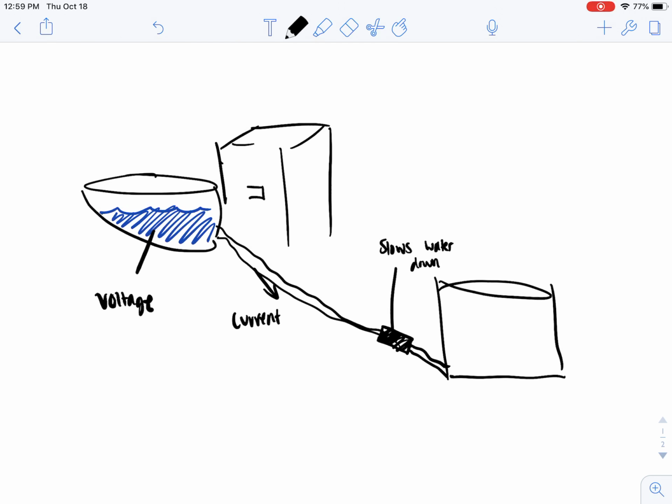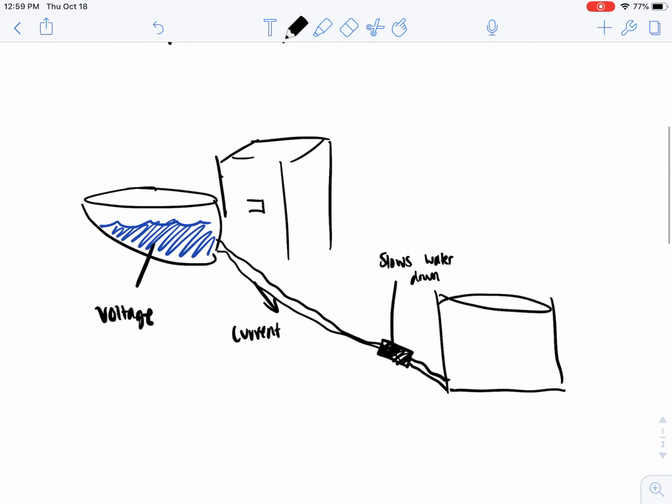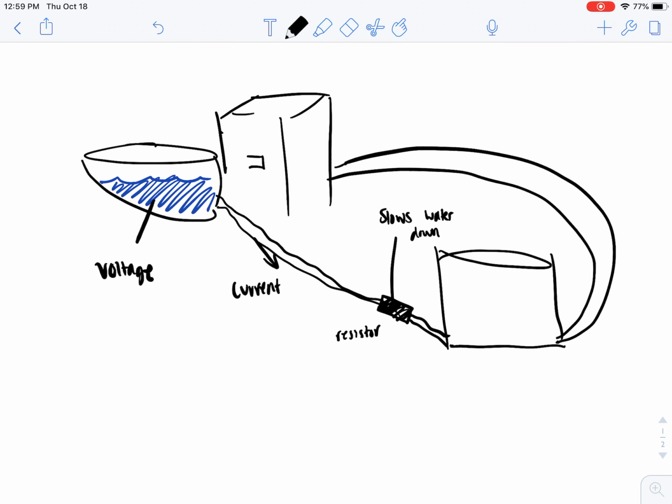So, as I said before, resistance impedes the current or electricity flow. So here, if this is slowing water down, that would be the equivalent of a resistor. And ultimately, it's going to come back in and it's going to fill your toilet bowl. So this isn't actually how it works, but this is an example of what voltage, current, and resistance would look like.